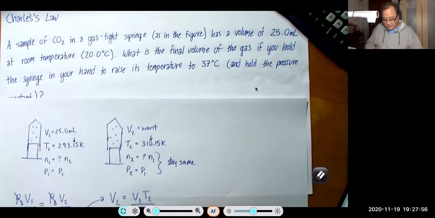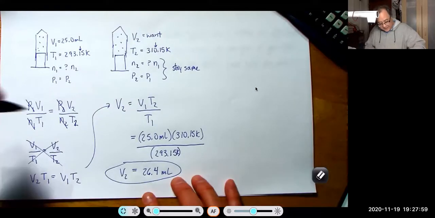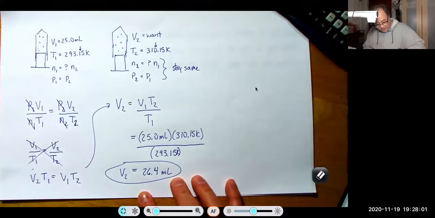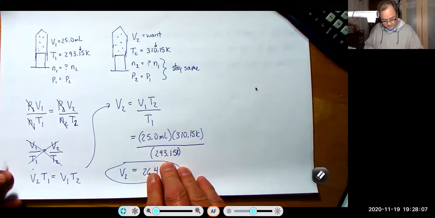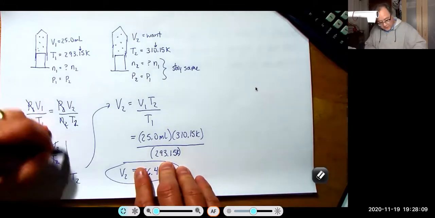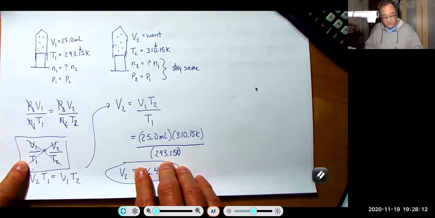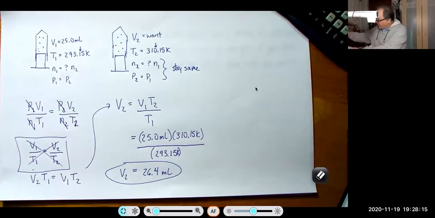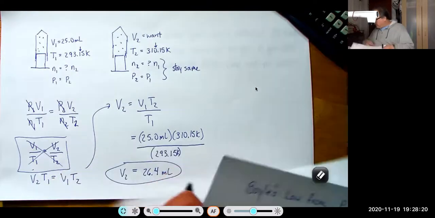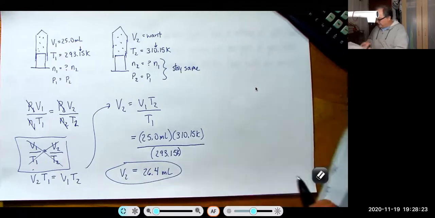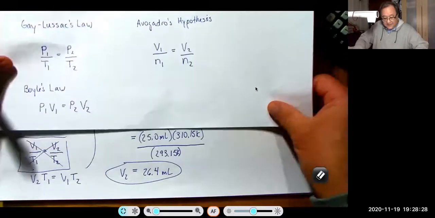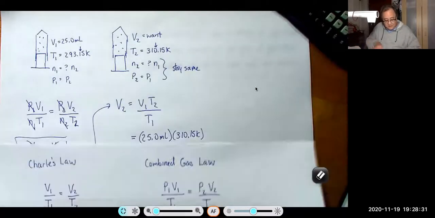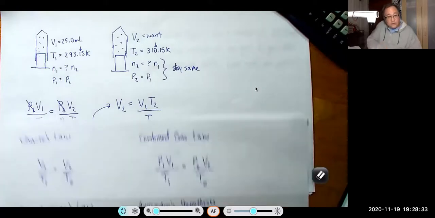Okay, so here we ended up using this equation right here. Oh, that's my cross multiplication. So we ended up using V1 over T1 is equal to V2 over T2. And if we go back and take a look at all of the different problems we have here, you can see that that one is Charles' law.